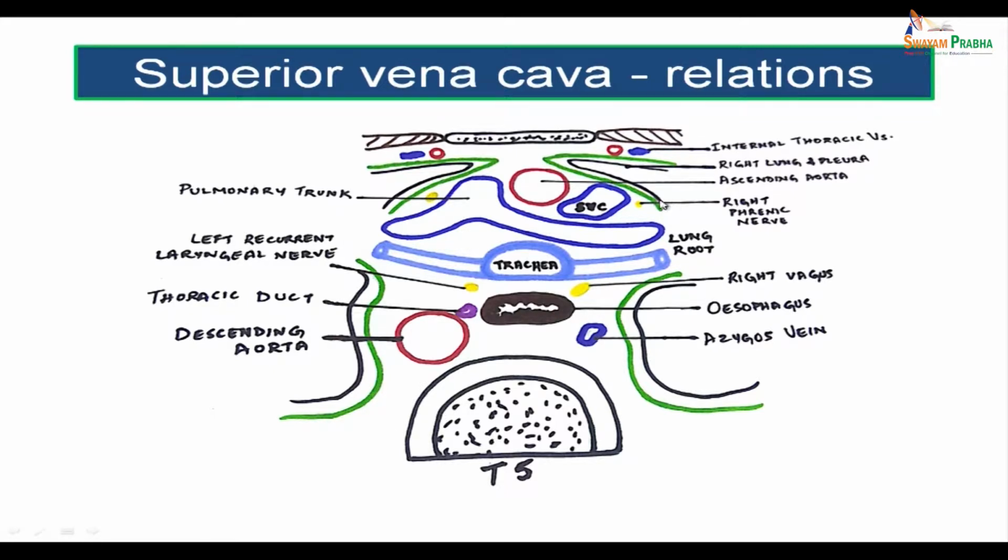Laterally, or to the right, it is related to the right lung and the pleura. It is also related posteriorly to the azygous vein. In the lower aspect, it is related to the right lung root. So, these are some of the important relations of the superior vena cava, which we can appreciate in this transverse section, which is taken at the level of the 5th thoracic vertebra.